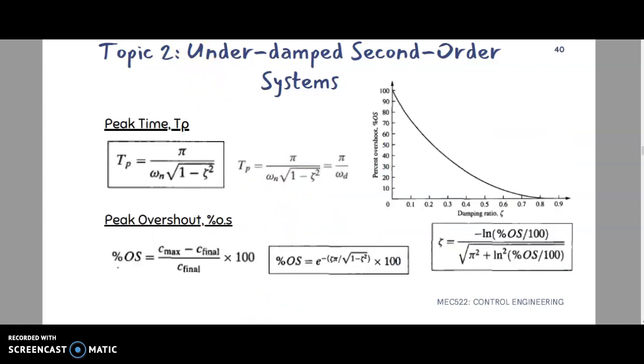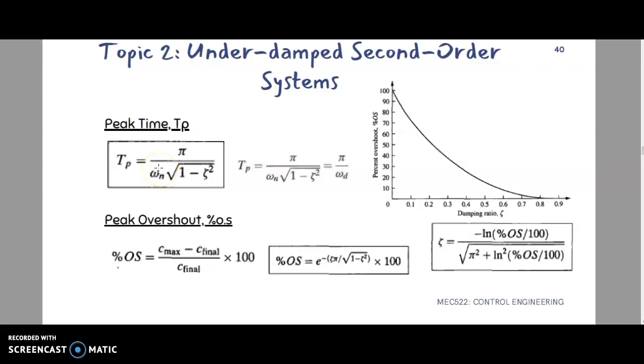Next, how do we calculate Tp and percent overshoot?